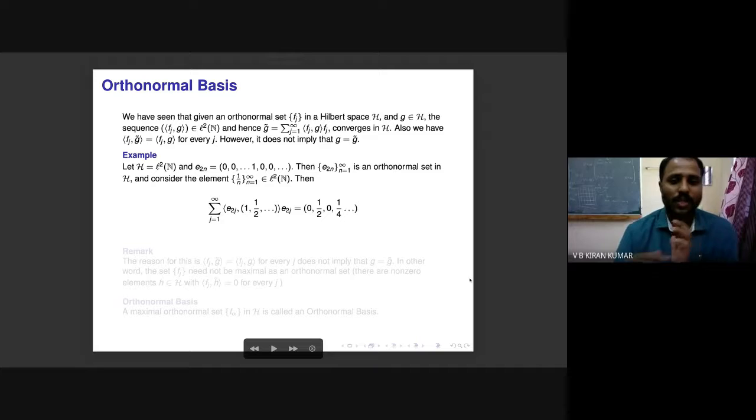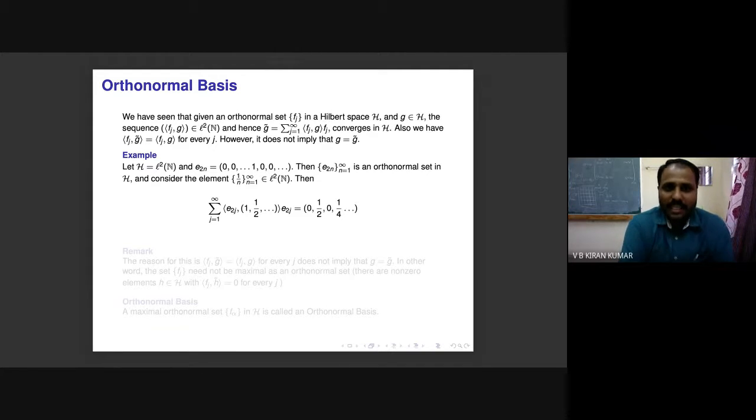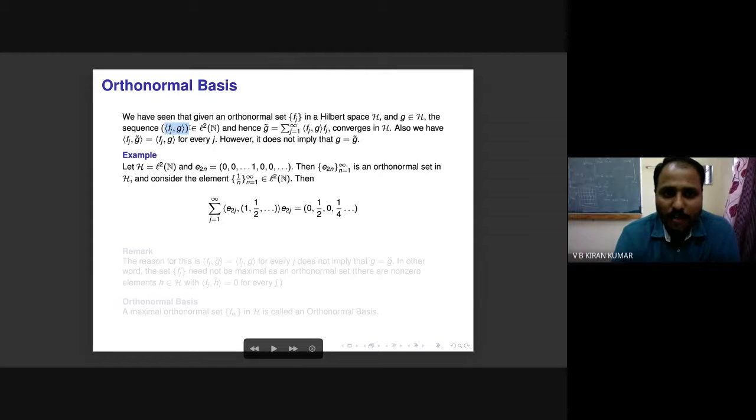Now the notion of orthonormal basis. We have seen that given an orthonormal set fj in a Hilbert space and a g, you can always find the inner products fj, g, which form an L2 sequence. Now we are in a Hilbert space.